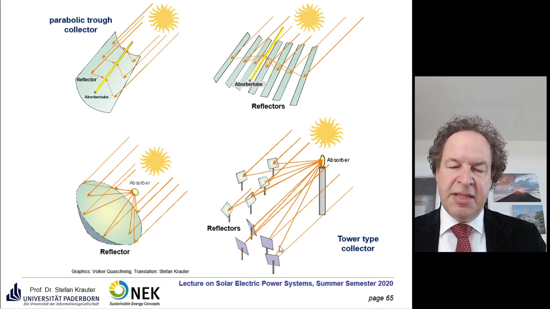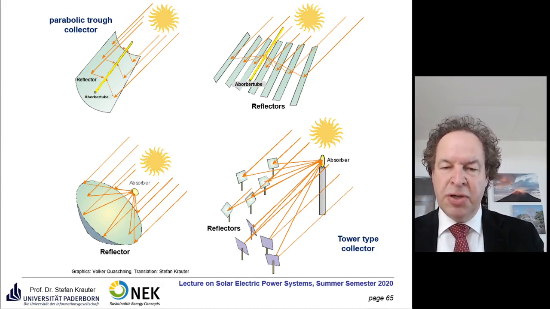The only thing is that they have to be attached in a tangential form around the parabolic form. Then they must be positioned in such a way that all incoming light is reflected towards the focus point or the absorber.